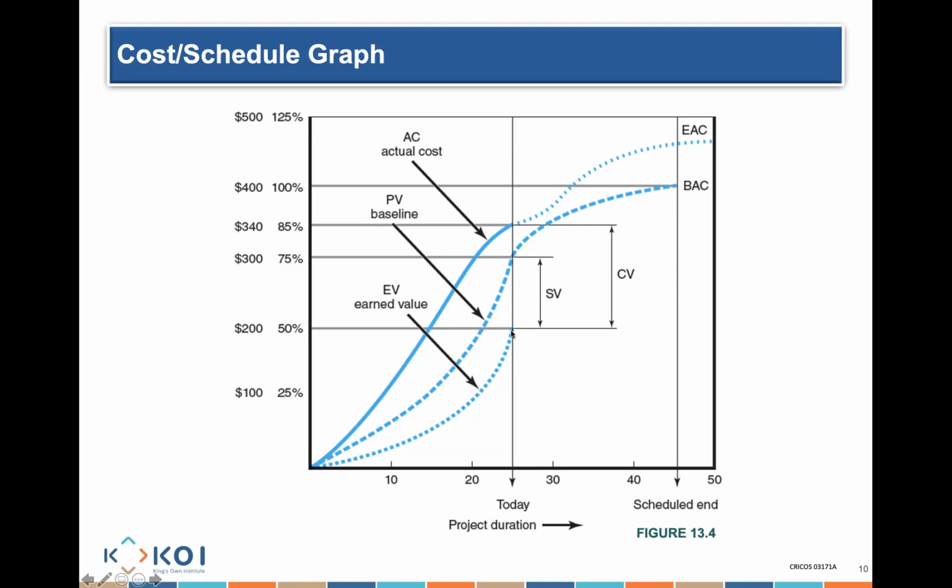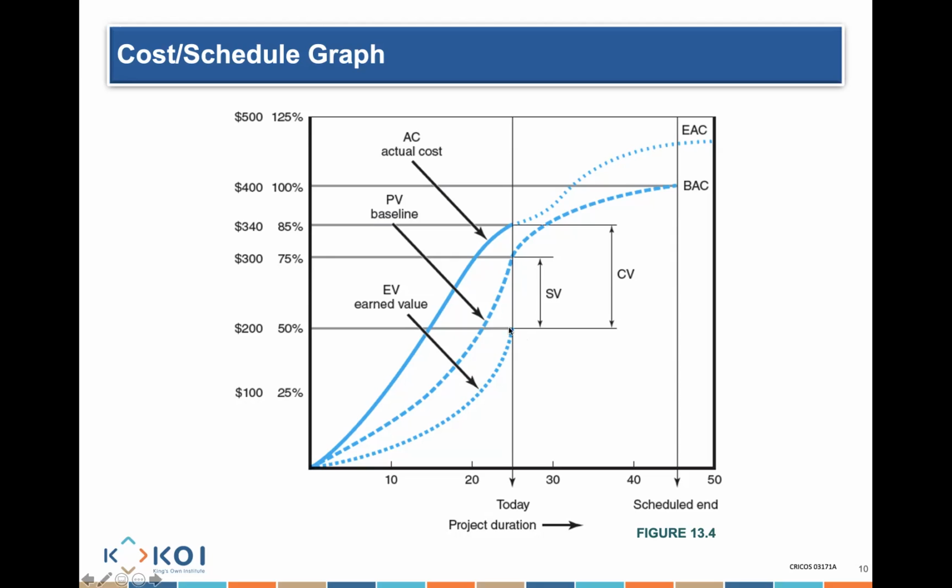Am I ahead of schedule or behind schedule? Behind schedule. It's 200 minus 300. I am minus 100. That means I am behind schedule.